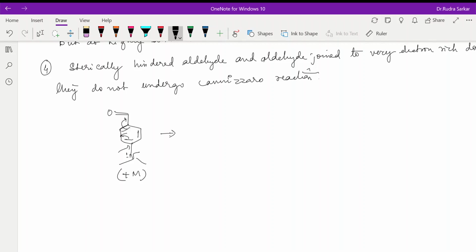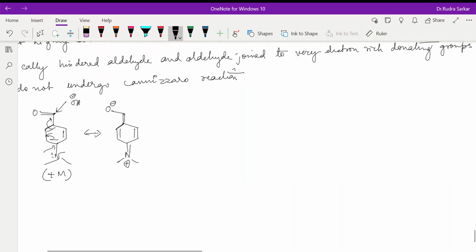So if this is happening, we can imagine another canonical structure like this, which reveals to us that such a form can exist, which means this particular carbon is not so electrophilic as we have seen in the other cases where this carbon can be attacked by a hydroxide ion. Okay.